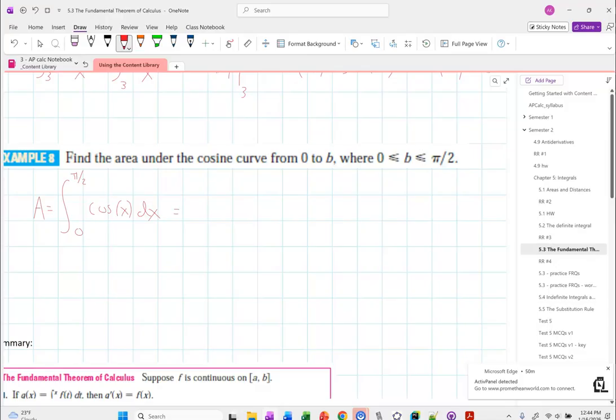Negative sine x, right? No, sine x. Sorry. So that's just sine of pi over 2 minus sine of 0. What's sine of pi over 2? 1. Sine of 0 is 0.